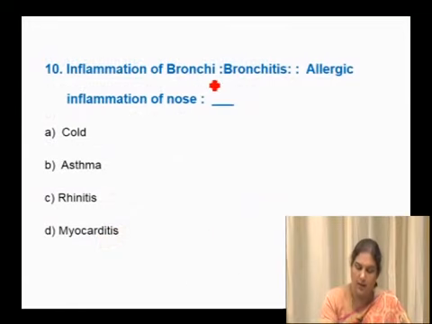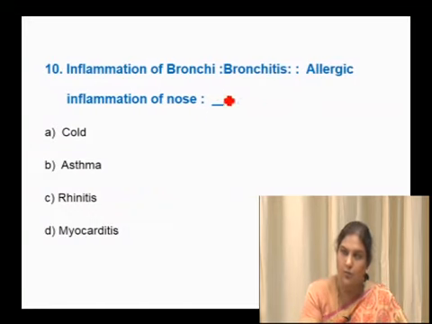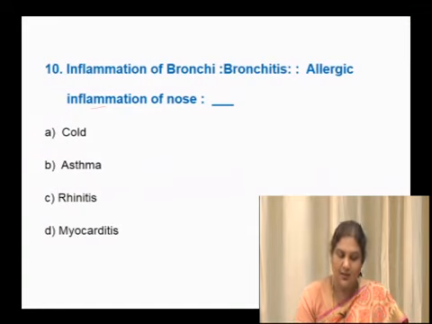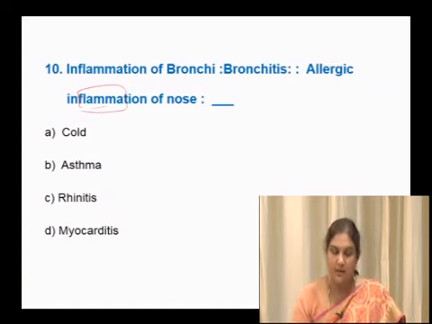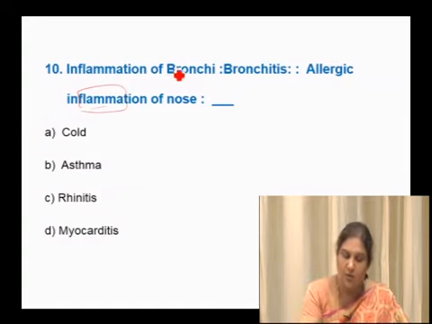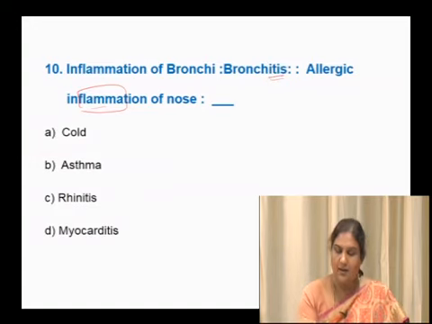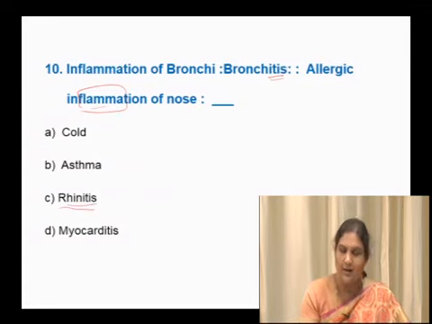Inflammation of bronchi is to bronchitis. Allergic inflammation of the nose is to what? First, we should know what inflammation is. It is swelling along with a burning sensation. The word flammable says it is a burning sensation. So, inflammation of the bronchi leads to bronchitis. Allergic inflammation of the nose leads to rhinitis.